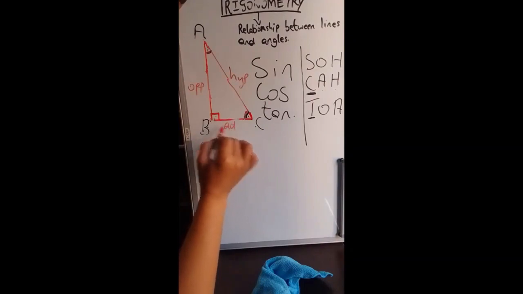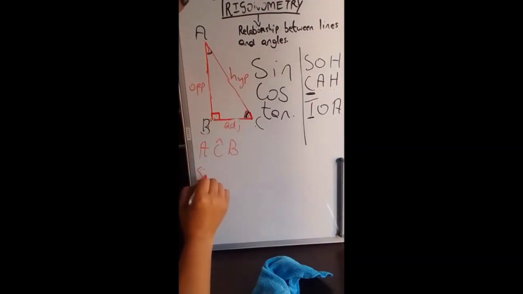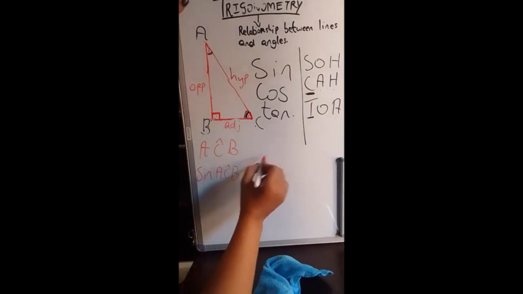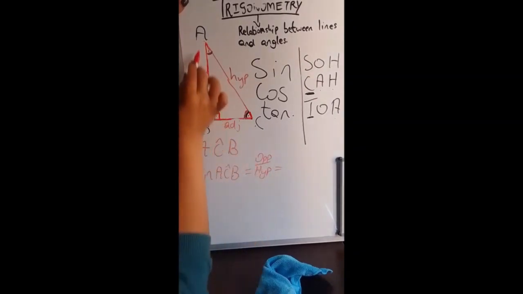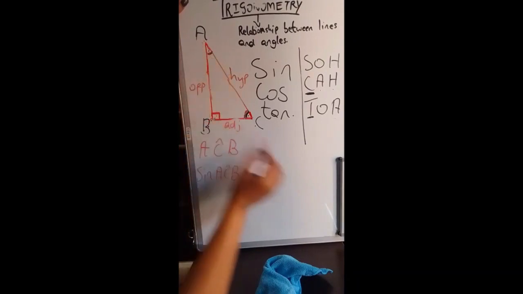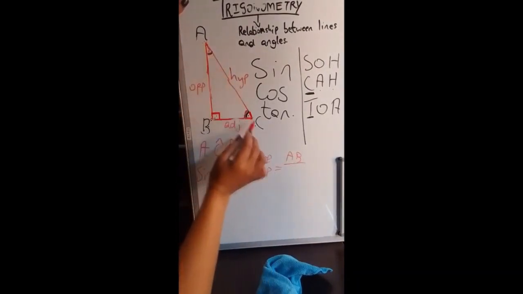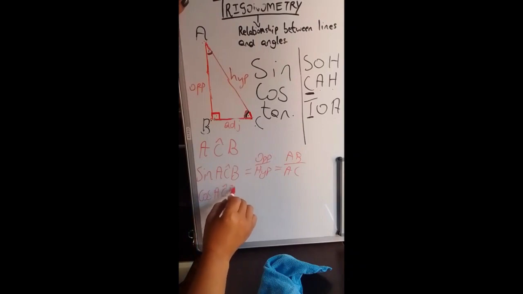It's the side BC. Okay, let's start with sine. So sine of ACB will be the opposite side over the hypotenuse side. What's opposite here? It's AB. And then what's the hypotenuse? AC.